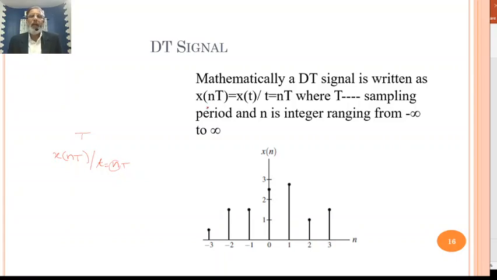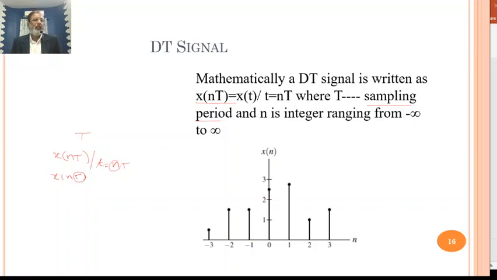Mathematically, the discrete time signal is written as x of nT, where T is called the sampling period, and n is an integer ranging from minus infinity to plus infinity.